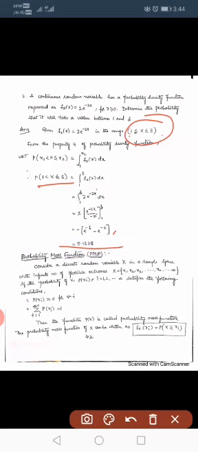Next one, probability mass function. When these two conditions are satisfied, the probability mass function is defined as Fx of xi equal to probability of x less than or equal to xi. Generally probability mass functions are defined for a discrete random variable.